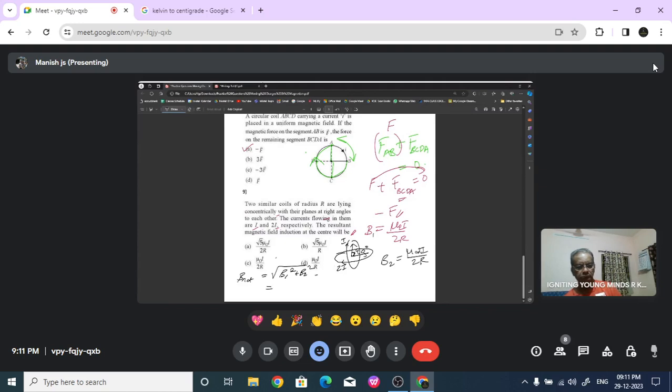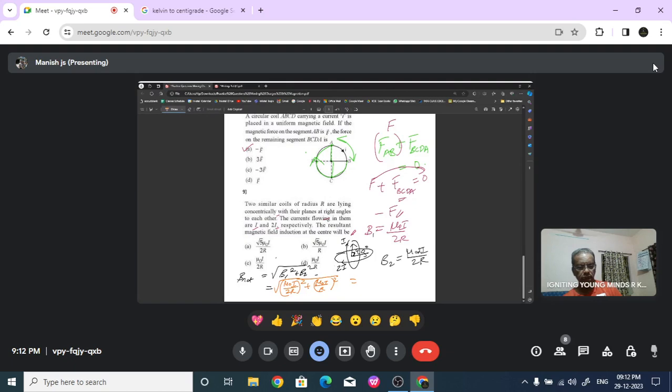Substitute it. When I substitute the relation, what do I get? So under root of B1 square. B1 is mu naught I upon 2R the whole square, wherein for B2 is mu naught 2I upon 2R. The 2 we can cancel, right? So we can simply write it as mu naught times I upon R the whole square. So we can express it like this. Okay. Take all the possible common out terms.